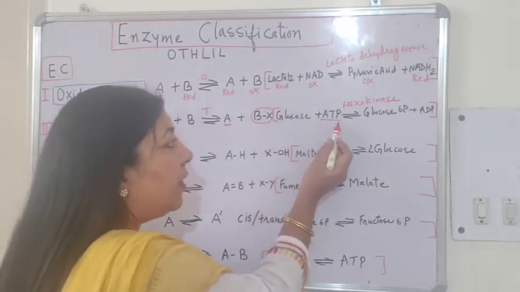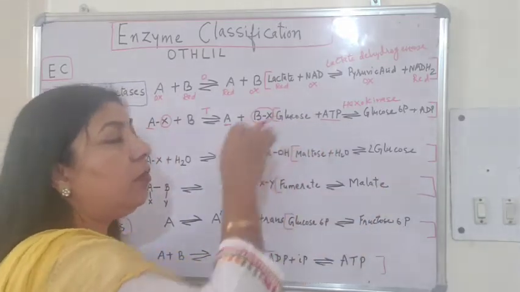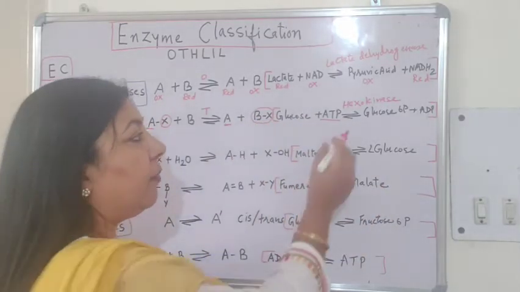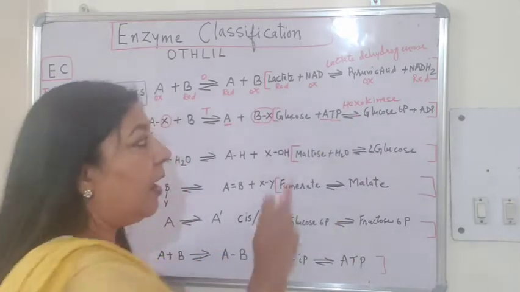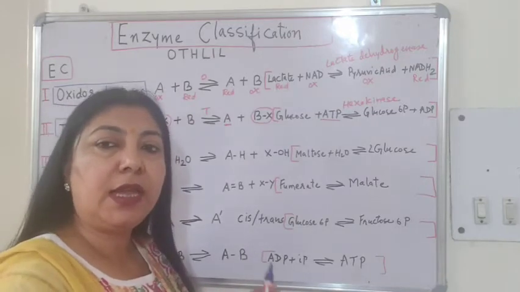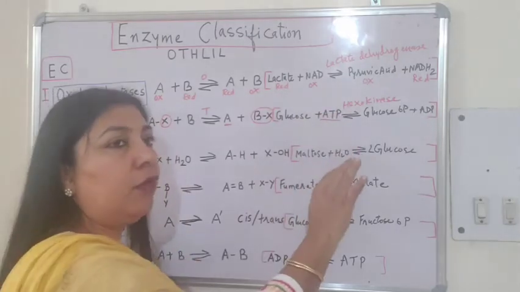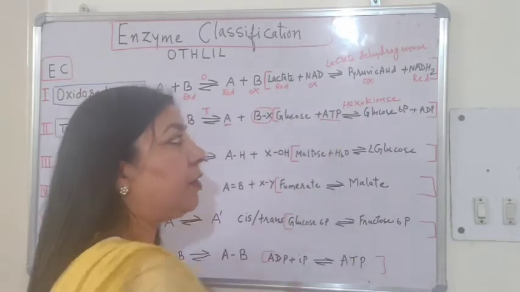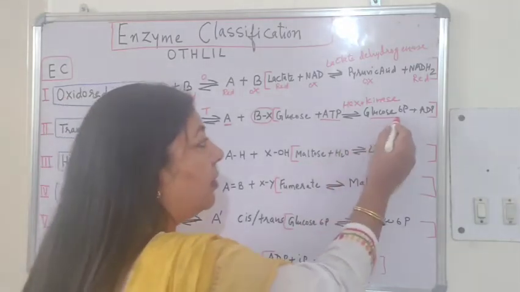It will transfer one phosphate group from ATP to glucose. So the product will be glucose 6-phosphate and this ATP will get converted to ADP, adenosine diphosphate, which means one phosphate group has been removed from ATP and that phosphate group is attached to glucose. So this is the product.